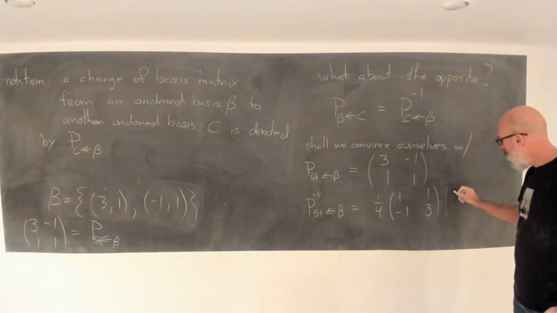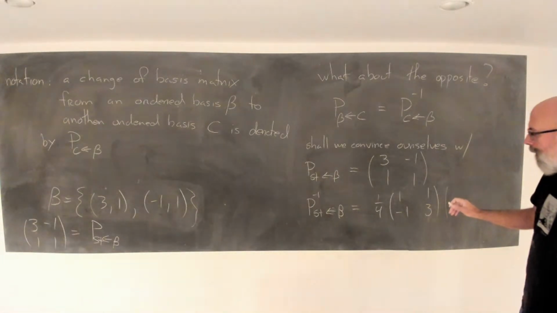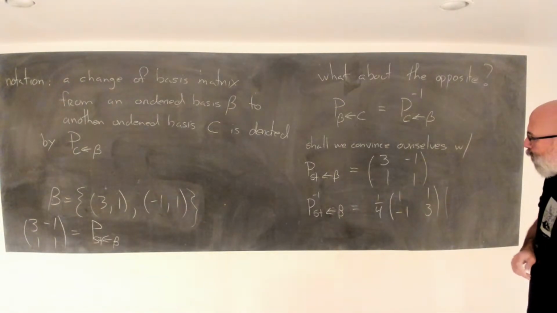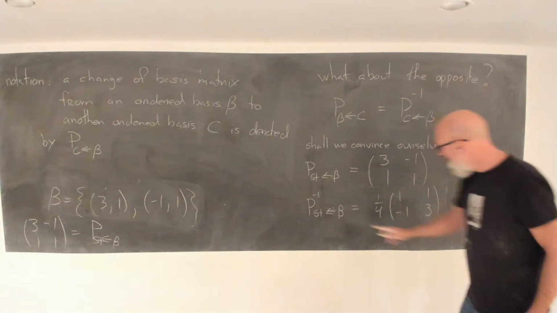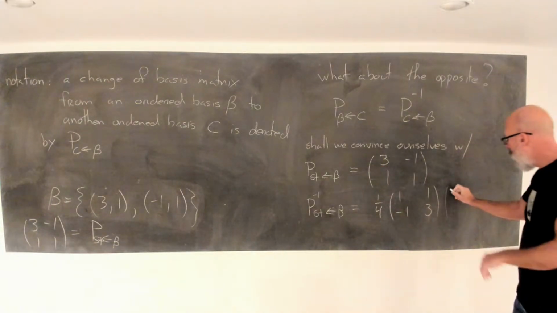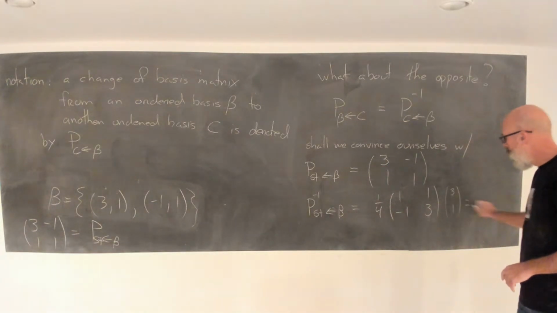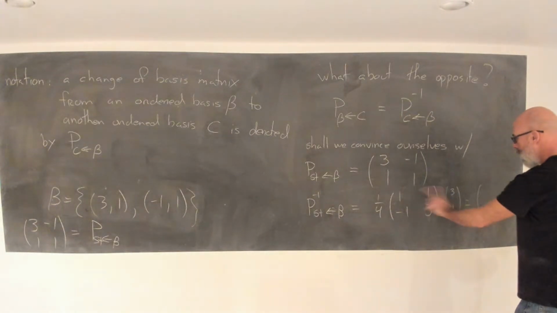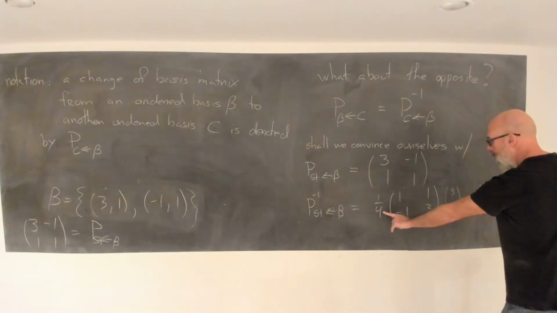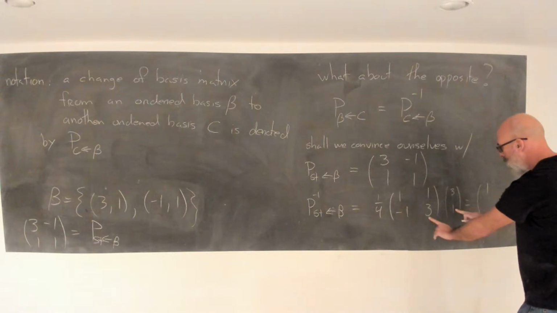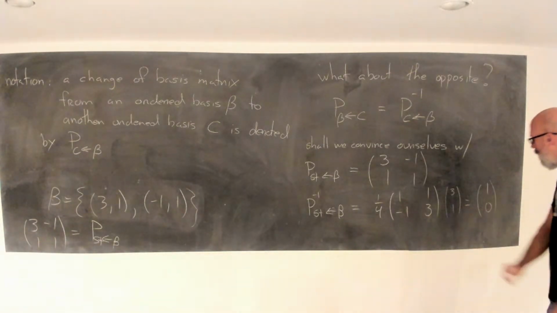And what does that do? It should be going from standard to the basis. So if I took the vector 3, 1, what does it send that to? It sends that to 4 divided by 4 is 1, and minus 3 plus 3 is 0.